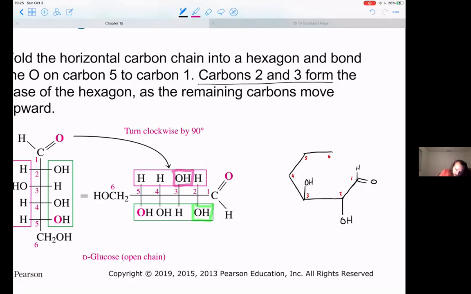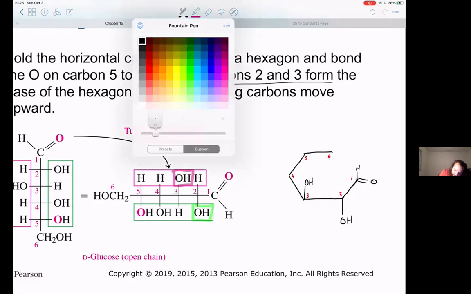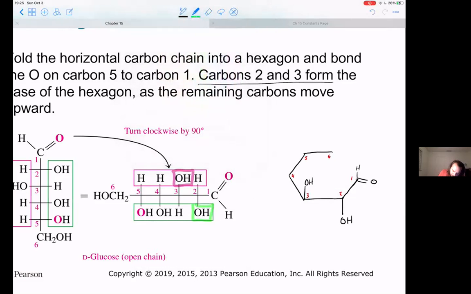On carbons 4 and 5, my hydroxyl groups are pointed down. And then carbon 6 is that CH2OH.